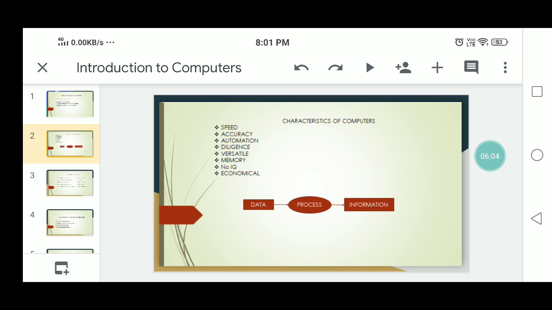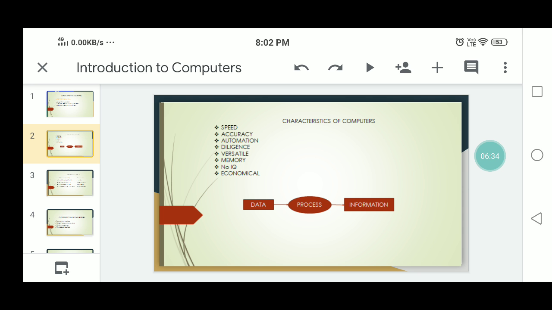If the input data is wrong, then the output will be errors. In computer terminology, this is known as garbage in, garbage out. If you give wrong input to the computer, the output will also be wrong. If you provide accurate data to the computer, it will give accurate results to you.